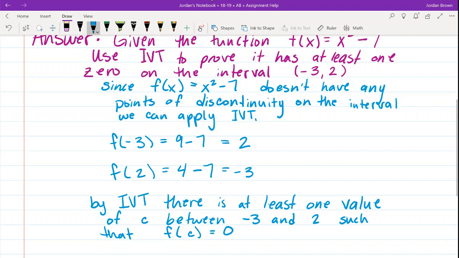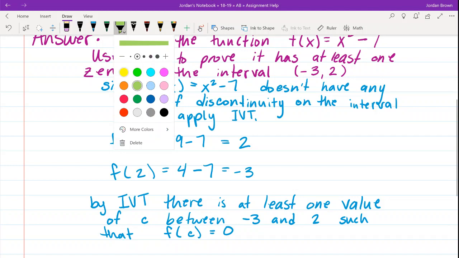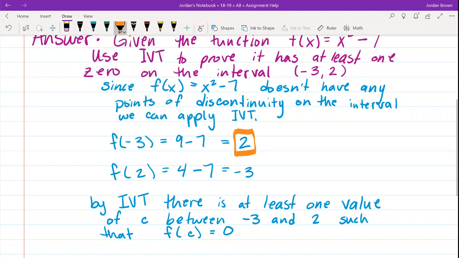Because the graph has got to pass through 0 if it goes from the y values of +2 and -3.